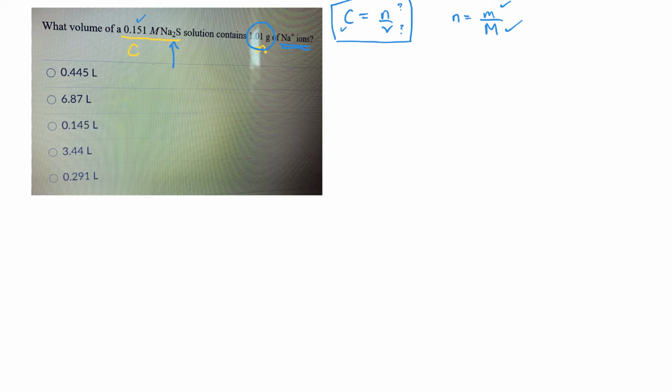Again, if it's 1.01 grams of this stuff, that's one thing, but if it's of the ions, that's another thing. Let me write the dissociation equation. So I have Na2S, and if you dissolve that in water, it gives me 2 sodium ions plus 1 sulfide ion.